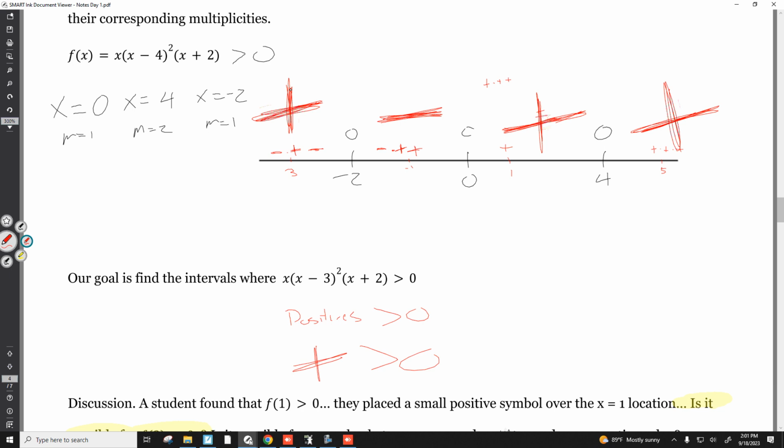Now the question is, when is my function greater than 0? Remember, greater than 0 are positives. So to answer this inequality question, I come to my sign chart, and wherever I see that big plus, that's my answer. And you write down your intervals.